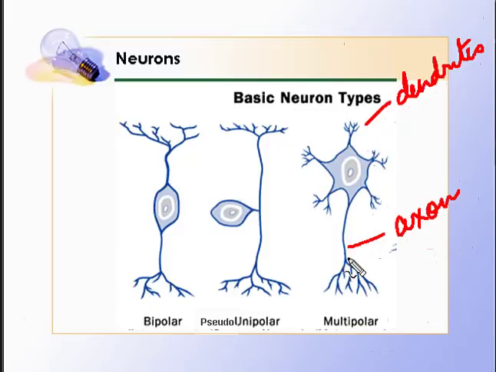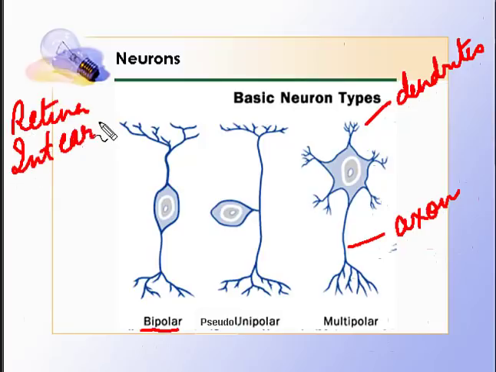The second type of neuron that you see is what is known as a bipolar neuron. And a bipolar neuron is seen in all the special sense organs. For example, you will find this in the retina of the eye. You will see it in the internal ear, in the special sense organs of the ear. You will see it in the olfactory epithelium, which is the epithelium of the nose, which is responsible for smelling.